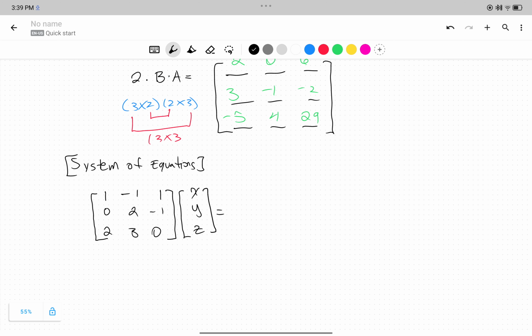And I have another matrix over here, 3, 1, and 4. Well, this system, I should say, is called matrix form. This is called matrix A, X, B.